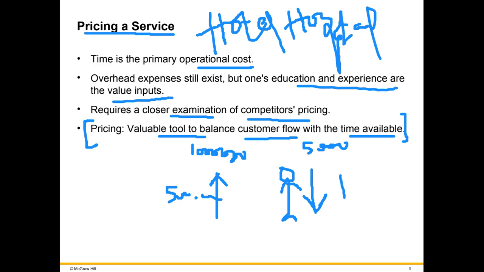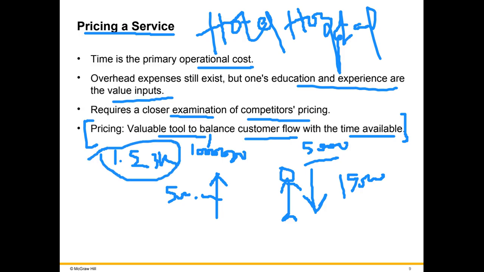But if you increase the price from 1 million to say 1.5 million, then the customers will decrease from 5,000 to only say 3,000 coming to buy your product. That's how businesses control their target inflow of customers.